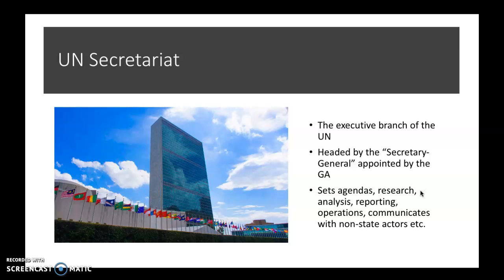So the UN Secretariat can set agendas. There's a lot of research that goes on at the UN Secretariat, a lot of reports. And in addition to that, the UN Secretariat is in charge of making sure that member states are communicating with each other. The UN Secretariat is in charge of communicating with the press and the media.